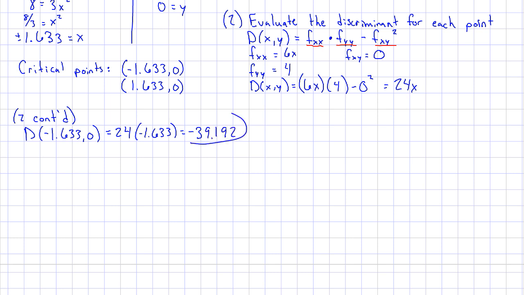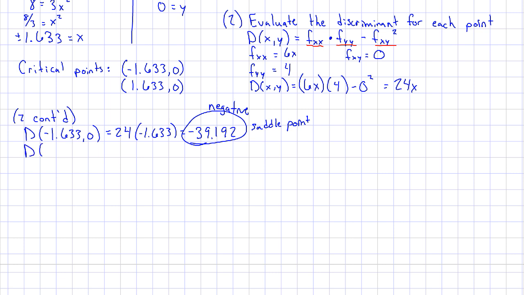Okay, this is negative, which means that my function does not have uniform concavity around that point. If it is not uniform concavity, that means it's a saddle point. So in terms of trying to find local mins and maxes, that point is out of the running. It is a saddle point, and I don't need to worry about it anymore.